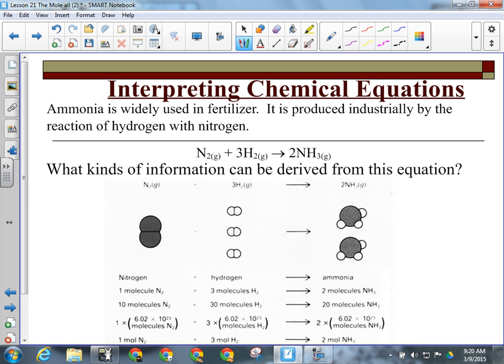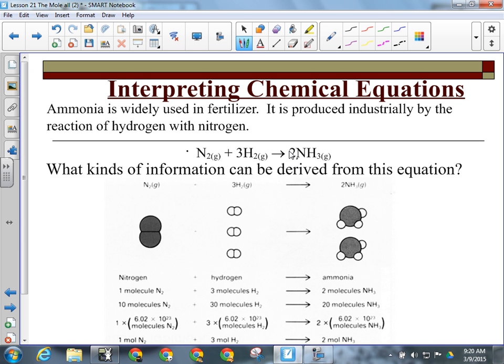Right, but it's important for us to realize that these coefficients can mean actual atoms. So we could say I have 1 molecule of nitrogen reacting with 3 molecules of hydrogen to produce 2 molecules of nitrogen trihydride. Or it could mean that I have 1 mole of this, 3 moles of that and 2 moles of that, or it could be masses, and I would have 28.02 grams of this, and I would have 6.06 grams of that.